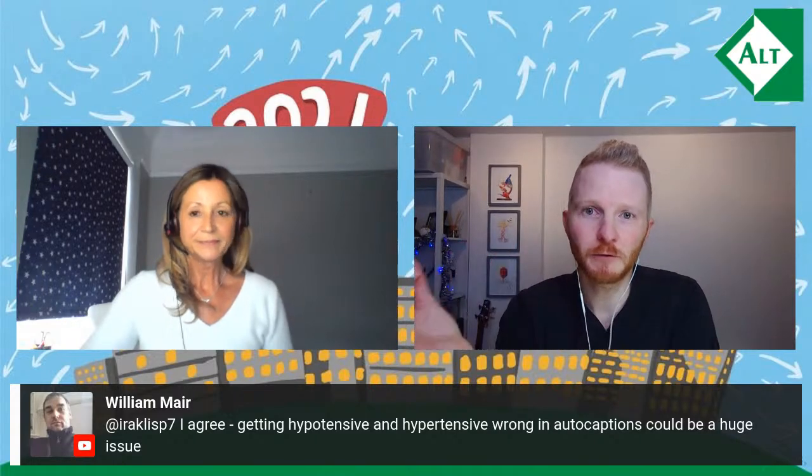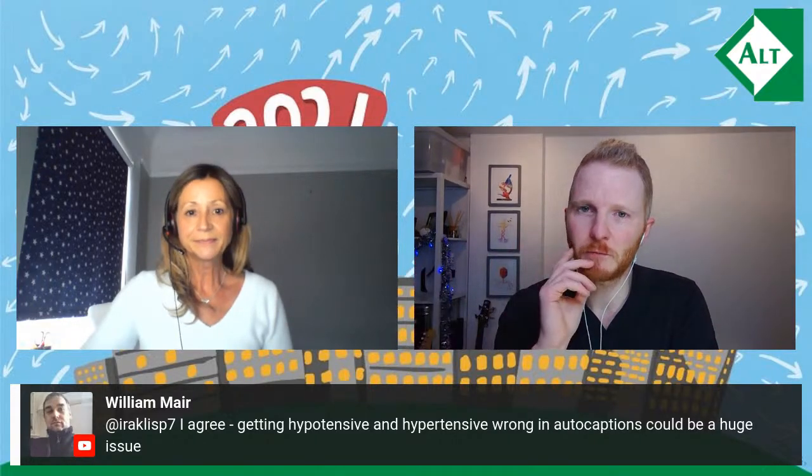The medical video that I was using as a test sample was about liver functions and diabetes, and hyper and hypotension, hyper and hypoglycemia was specifically referenced. And you're right, that's a serious risk of getting that error incorrect.